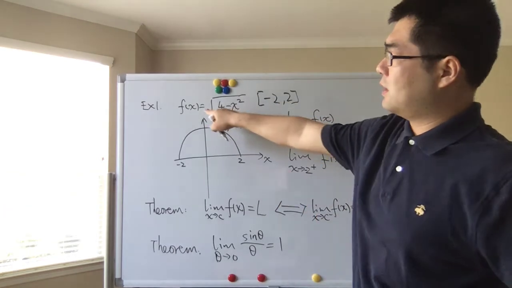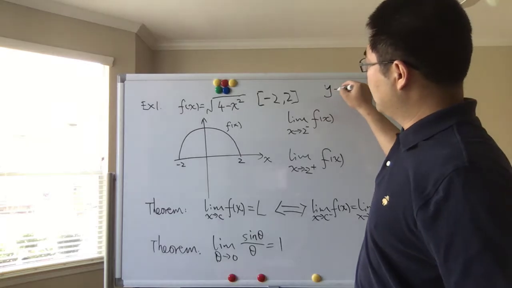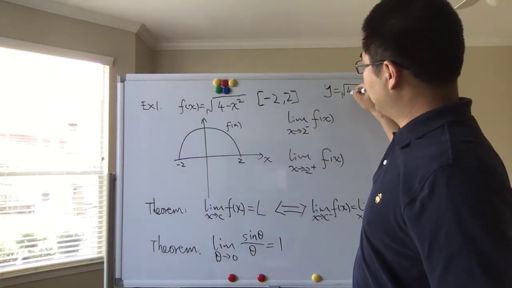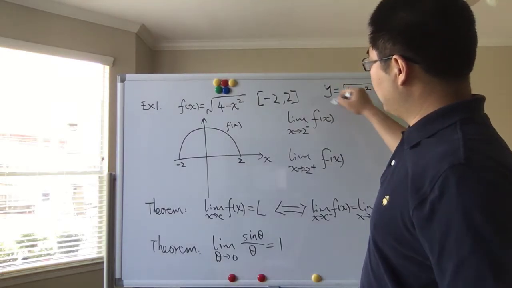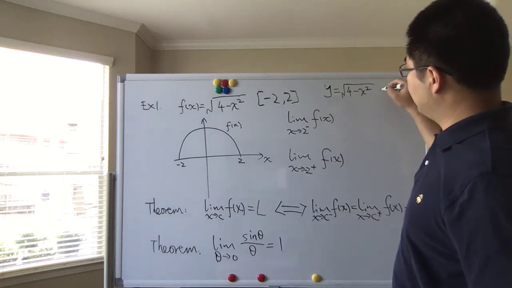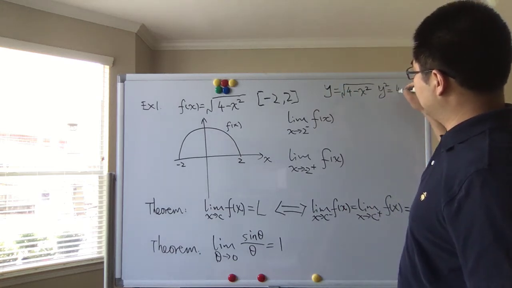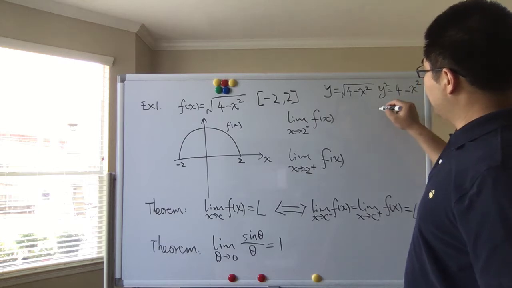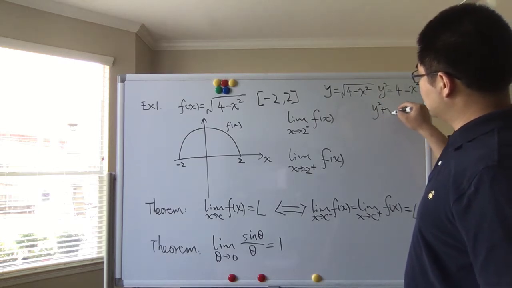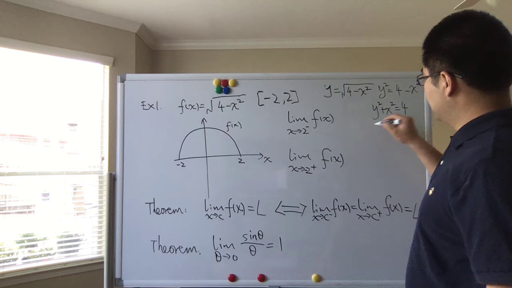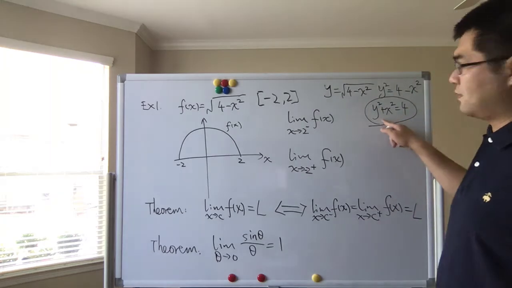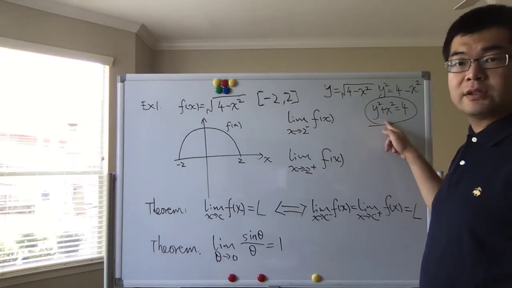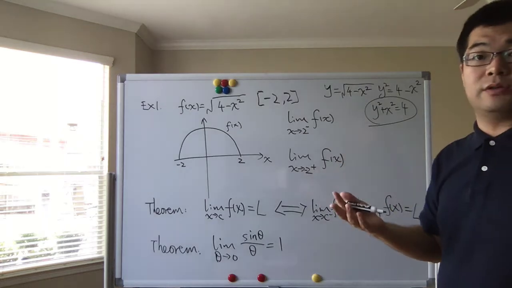Think about it this way. If we replace f of x with y, we have y equals the square root of 4 minus x squared. If you square both sides, you have y squared equals 4 minus x squared, and then y squared plus x squared equals 4. So this stands for a circle centered at (0, 0) with radius 2, right?